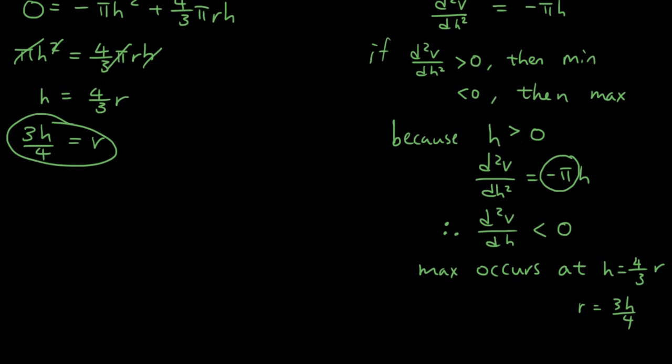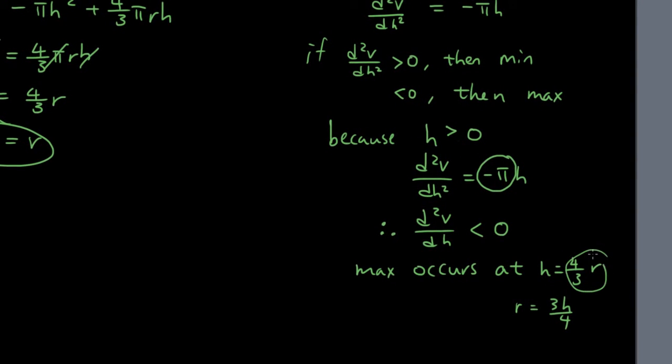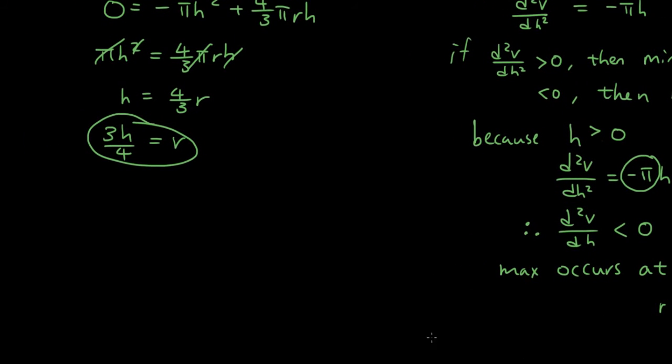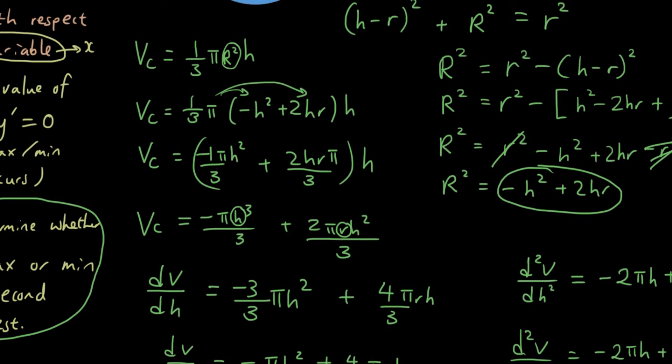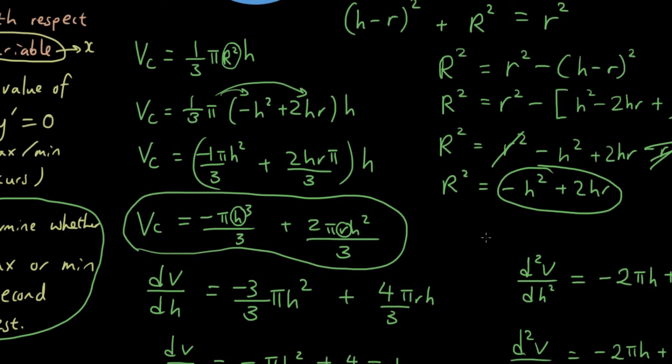So now we can substitute h equals 4 over 3r back into the original equation, which is this equation right here for the volume of the cone. We're going to substitute h back into this equation to find out the largest possible volume.